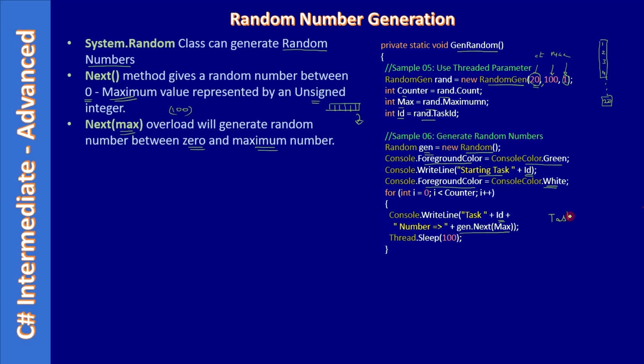In the console window you will be seeing task, ID here it is 1, then number, this one, then the generated random number. Since here we are passing 100, the generated number will be between 0 to 100. So say for example 93.